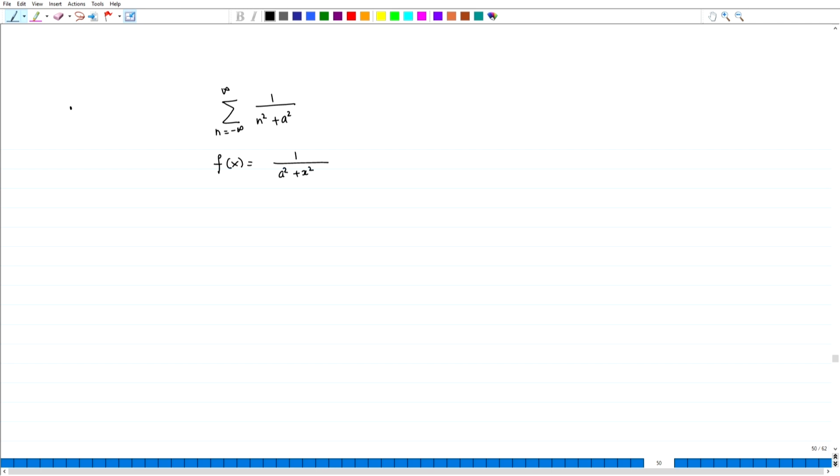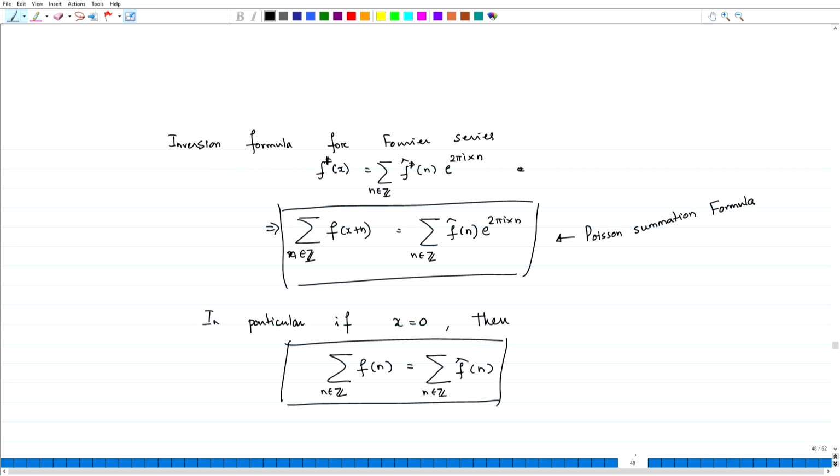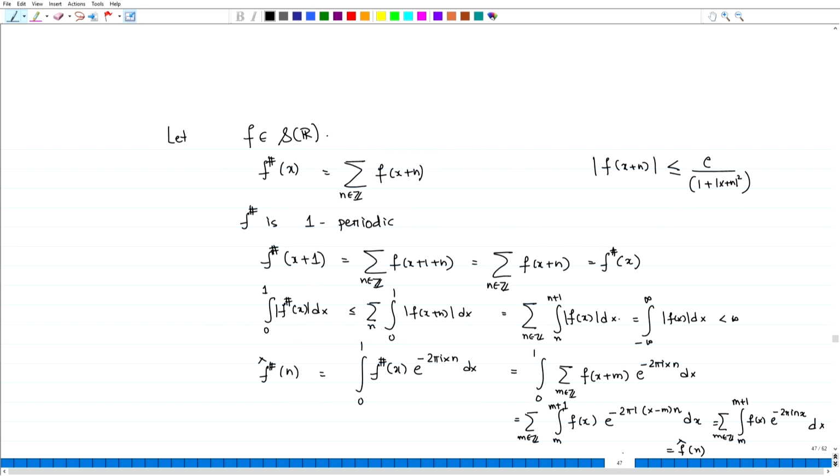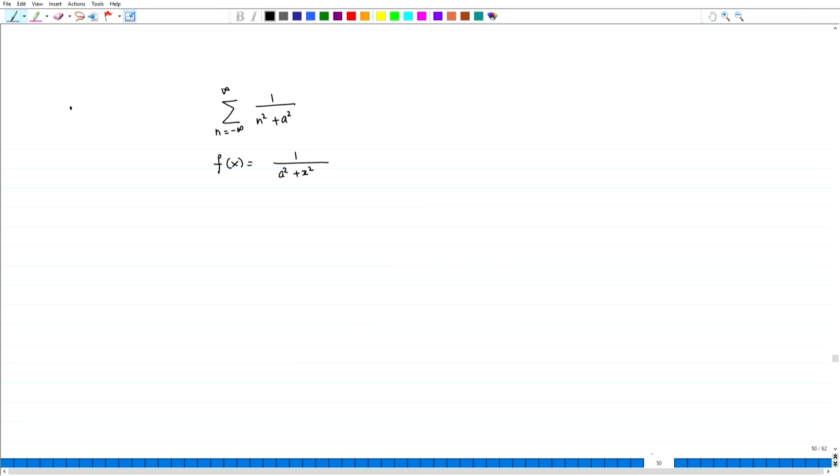So we can ensure, looking at the Poisson summation formula, that the sum is well defined, it is a one periodic function and integrable, and then we compute the Fourier coefficient. Even if we do not have the Schwartz space, with a decay like this we can run through the proof as it is. So we can have the Poisson summation formula.